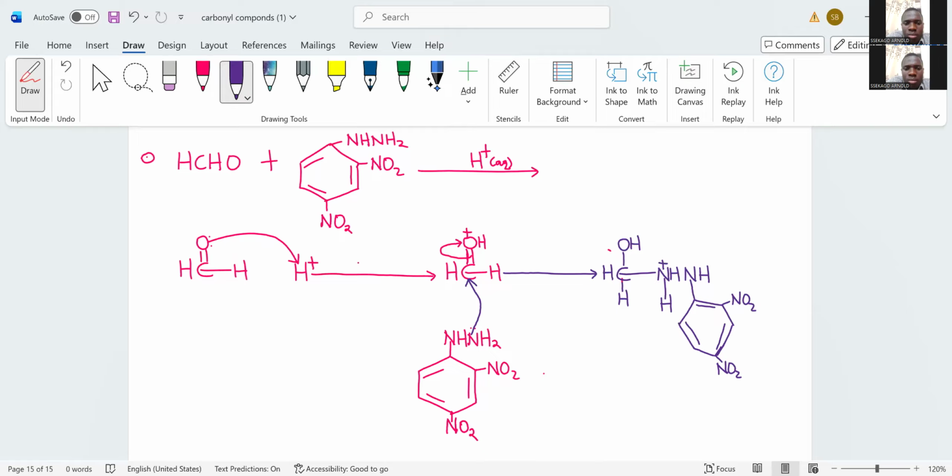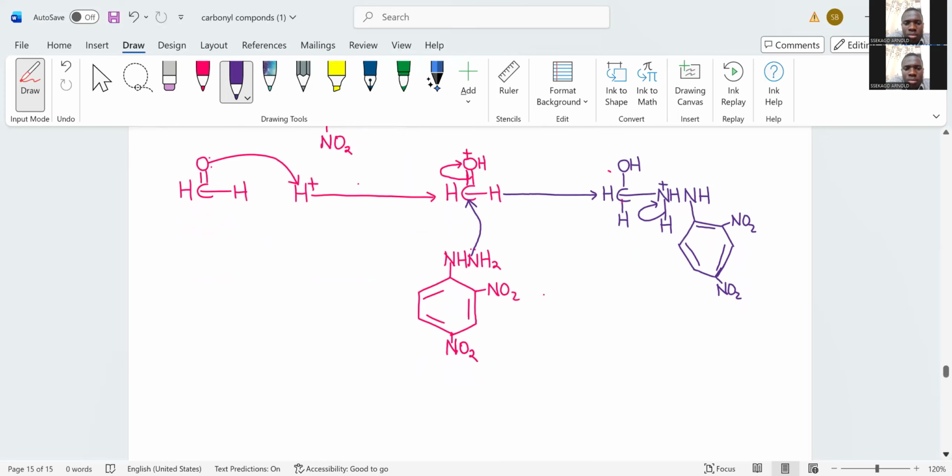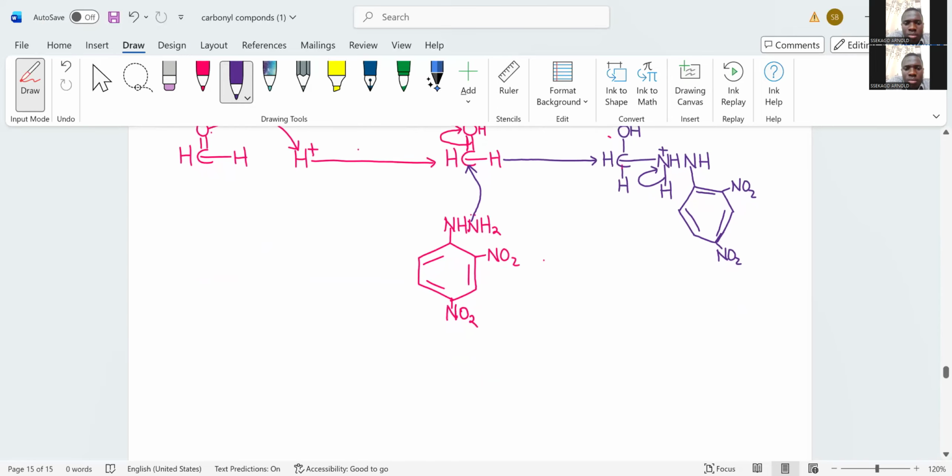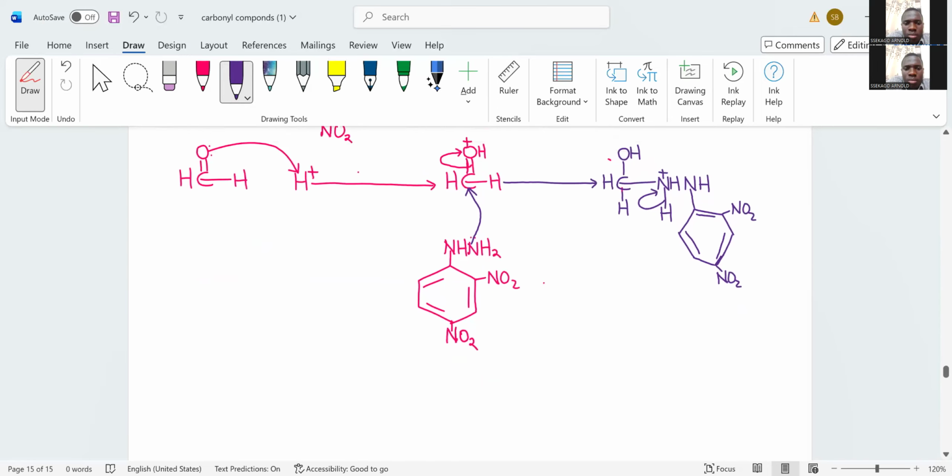That's what we have. Then what? The nitrogen has a plus, so it is electron deficient. I give it electrons using the hydrogen appending from it. And once I give nitrogen electrons, the hydrogen also becomes electron deficient. So it has to shift to that oxygen up, because that oxygen up is where we have electrons. So in this case, we have hydrogen shift.